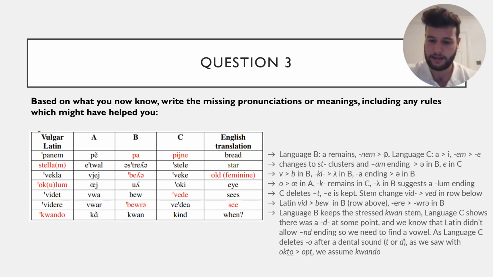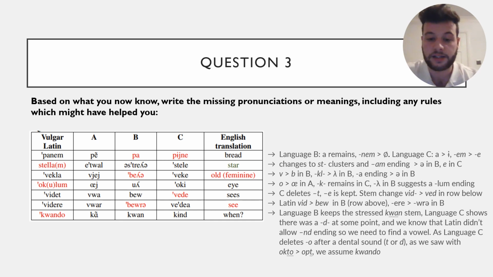This lambda in B, and it's a noun, suggests a lum ending. And notice that it's lambda on its own, not lambda with a schwa. It's lambda on its own, which is a lum ending. Lambda with a schwa, on the other hand, suggests more of a lam ending in nouns.